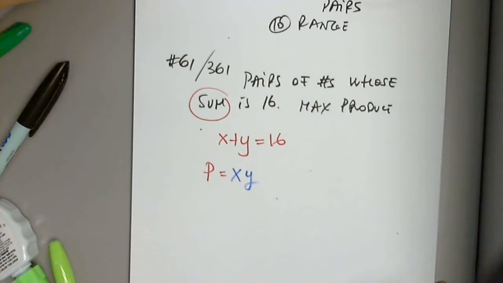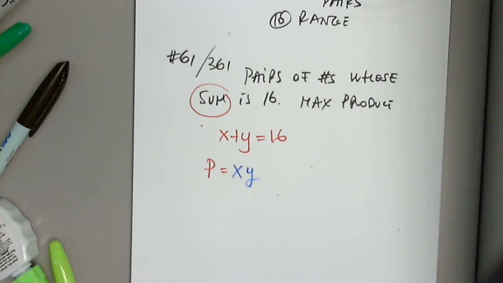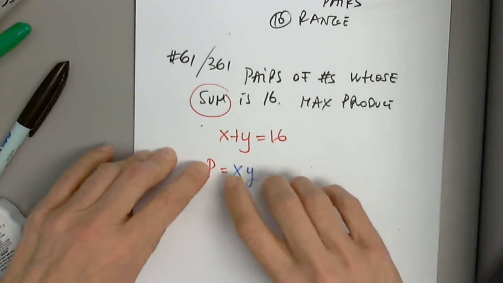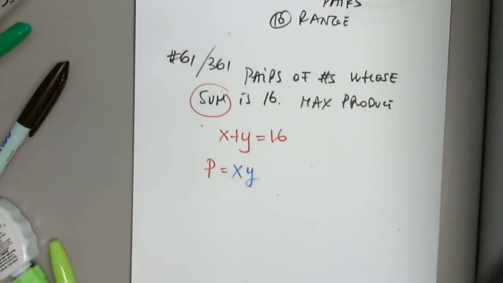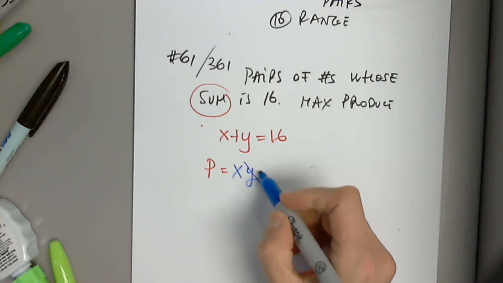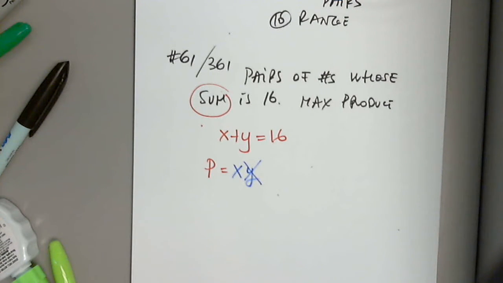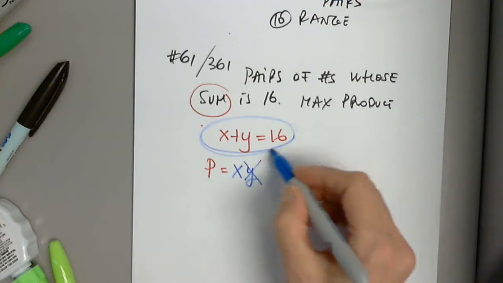Good. So I do have a little bit of a problem here because this is the function, this is one variable, and this is the other variable. So somehow I have to get rid of one of these two variables, and let's say we want to get rid of y. But how do I get rid of y? I have to use what I have.